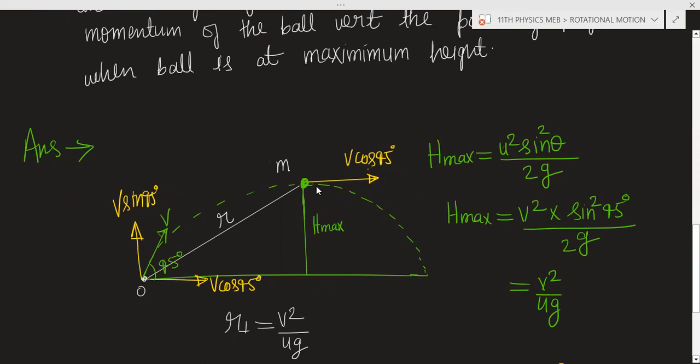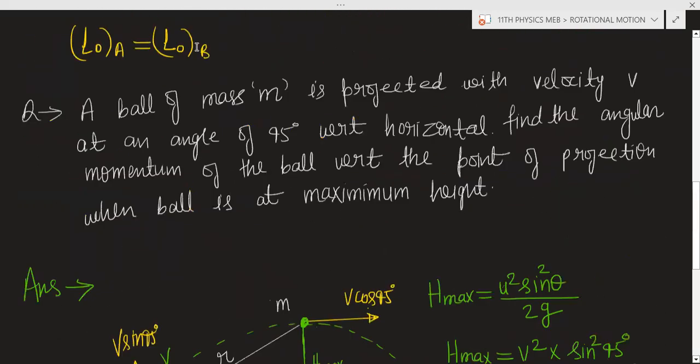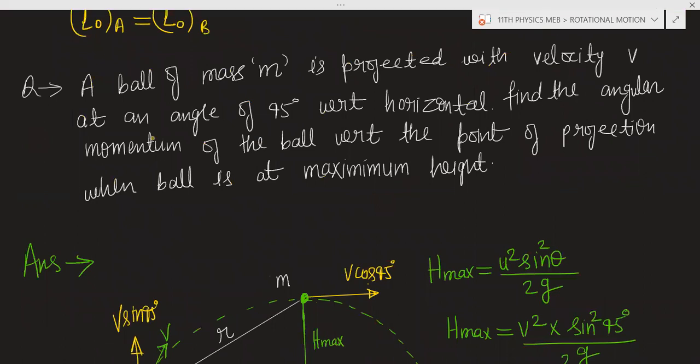This distance is the maximum height, and in angular momentum there is a requirement of r perpendicular and the velocity. So v cos 45 is the velocity and this is r perpendicular, and multiplying with mass you get the angular momentum. Okay, write down. This is a good question, I will say.